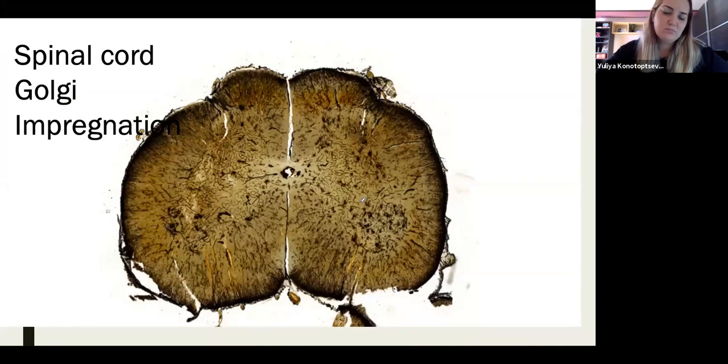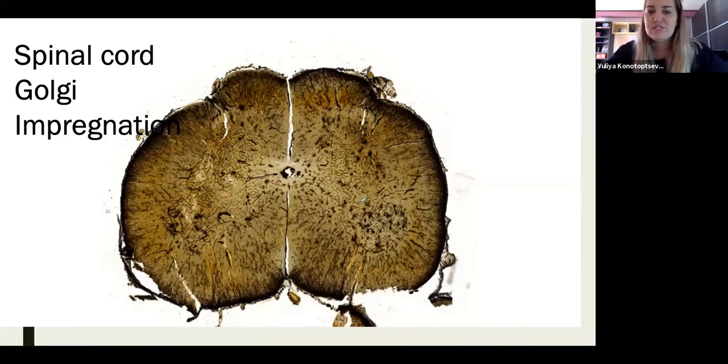Okay, Golgi. Golgi is also silver, but double silver. So Bielschowsky is one dose of silver, Golgi is a double dose of silver. The difference between the two stainings is just the amount of silver that you have used. That's it.